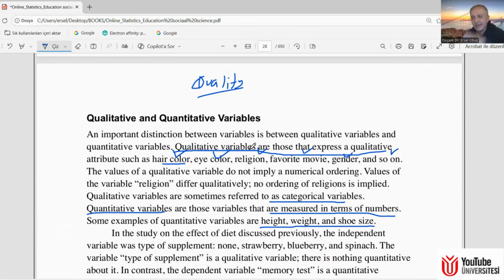Is there an ordering here? No, there is no ordering in this one. Qualitative variables are also called categorical variables. Quantitative variables are measured in terms of numbers. Some examples include height, weight, and shoe size.